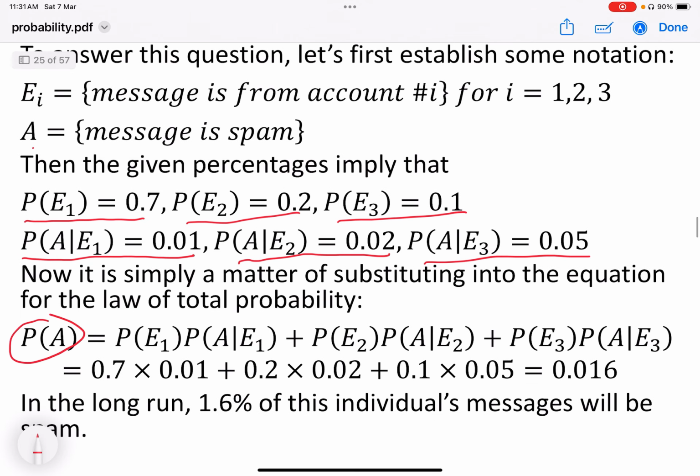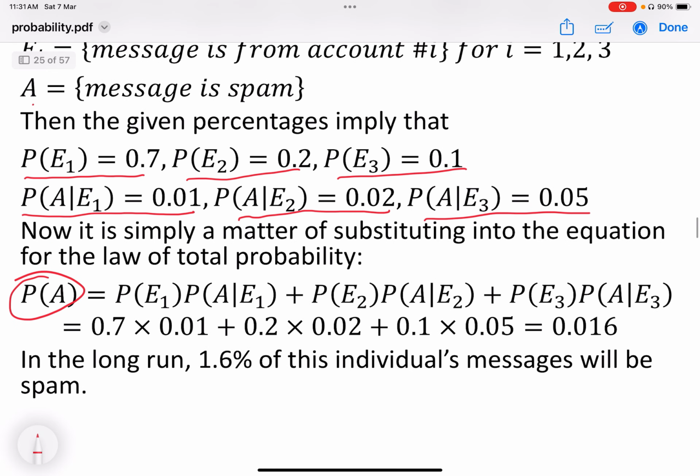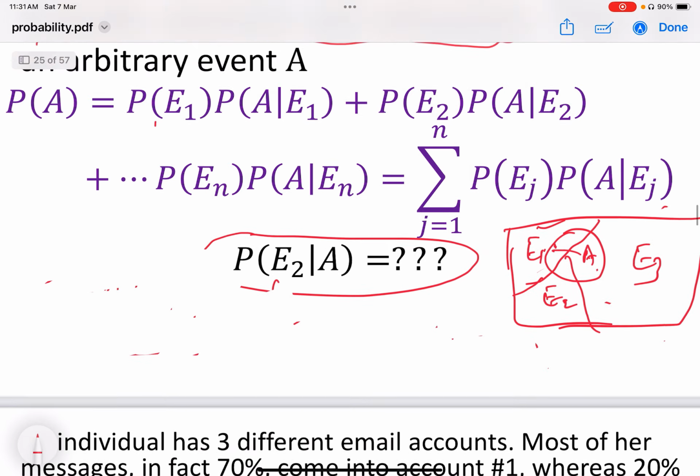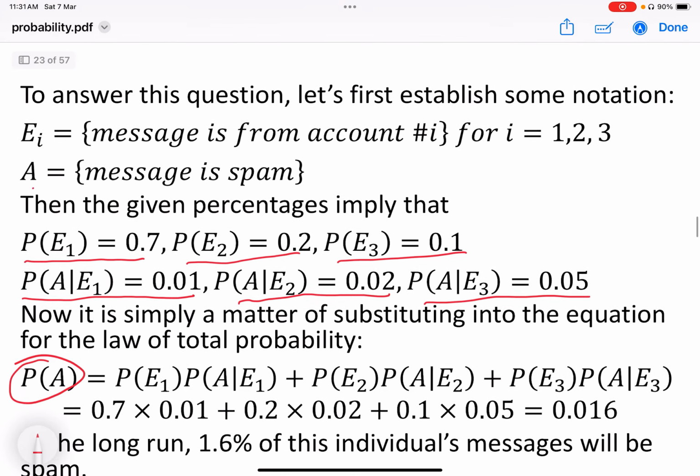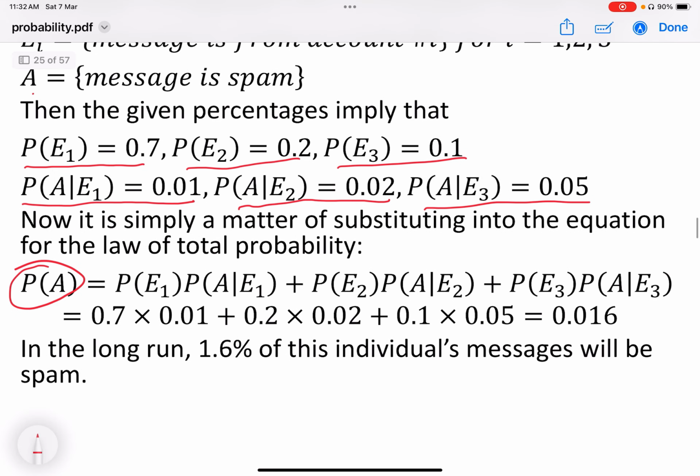Now we would like to find out P of A. So we use the multiplication rule. This rule we use is total probability. So that is P of E1 into P of A given E1 plus P of E2 into P of A given E2 plus P of E3 into P of A given E3.